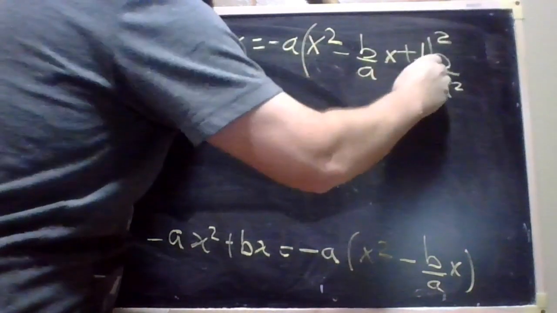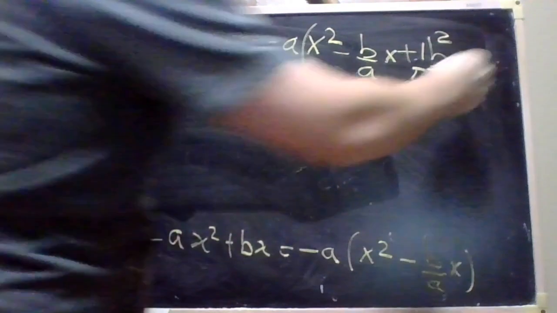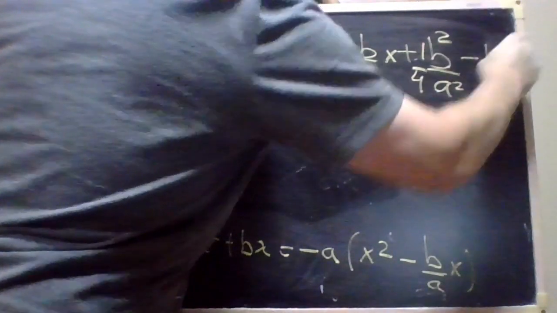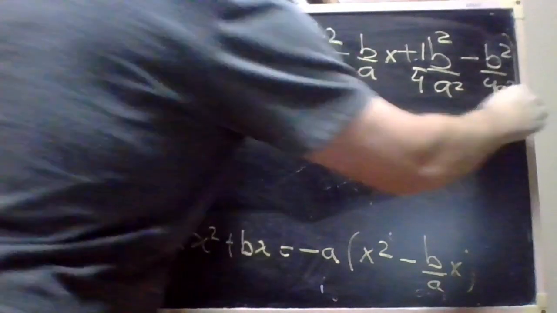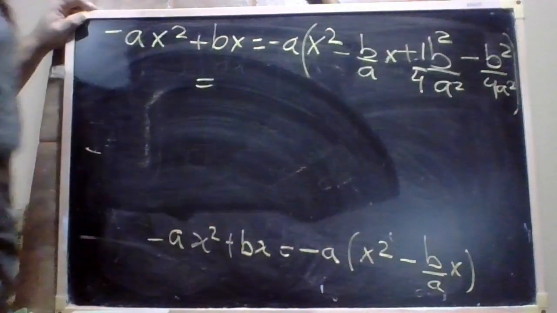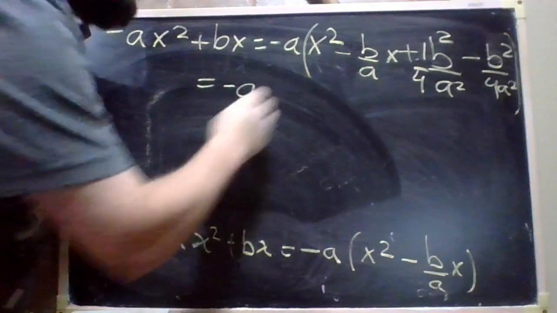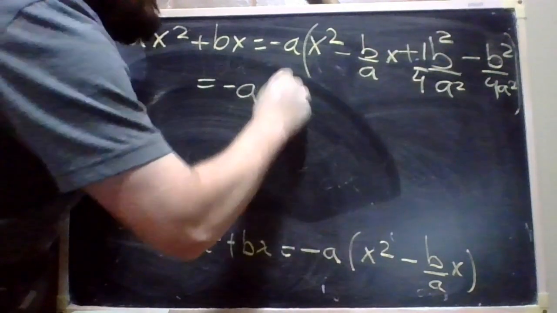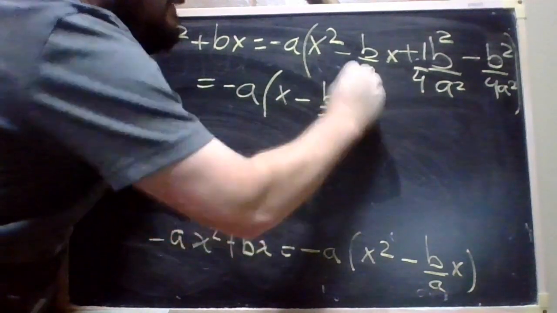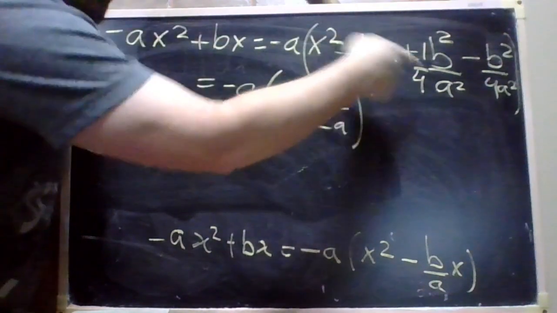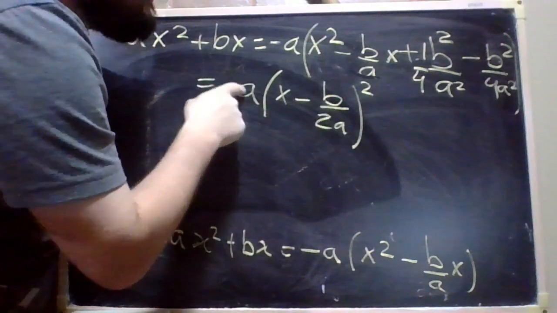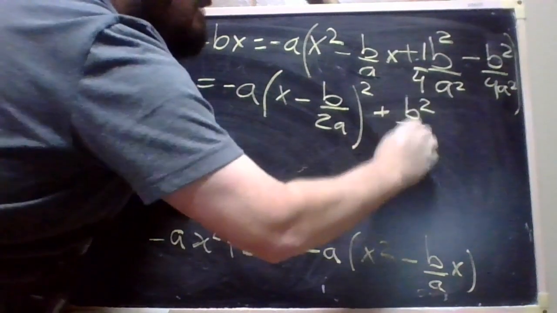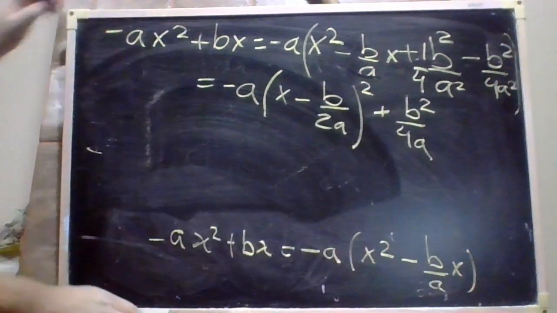So squared, you get 1/4. So if I do not change the equation, I need to add and subtract the same value, b squared over 4a squared. And then when you multiply again by a, you'll find minus a times x squared minus b over a x plus b squared over 4a squared, which is just x minus b over 2a squared. This gives you all of that. And if you multiply minus a by minus b squared over 4a squared, you'll find out plus b squared divided by 4a. All right? That's what you find out here.